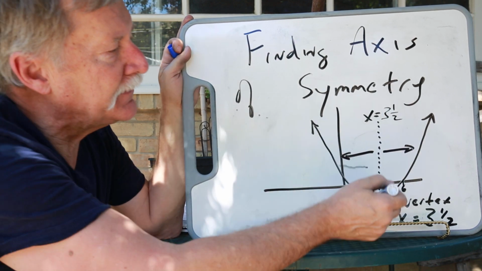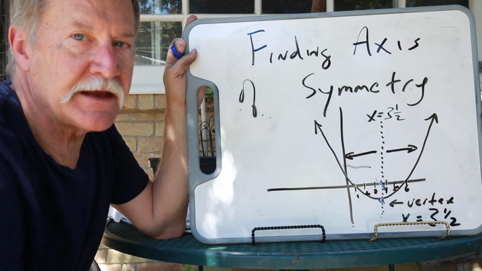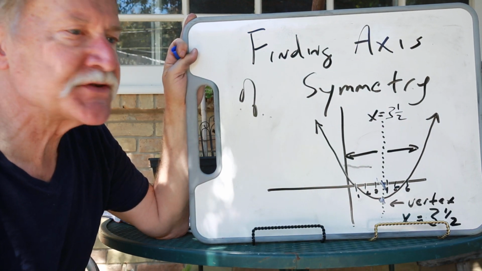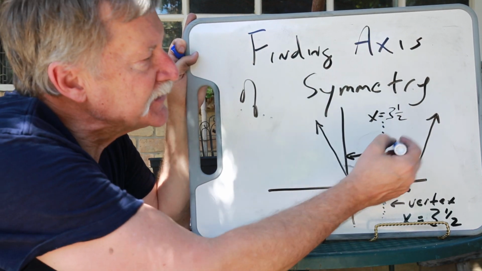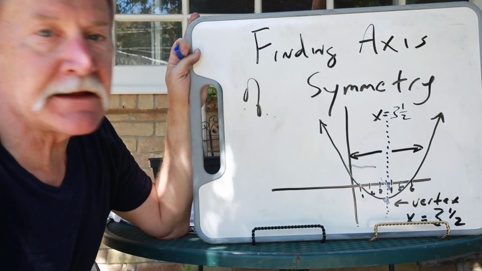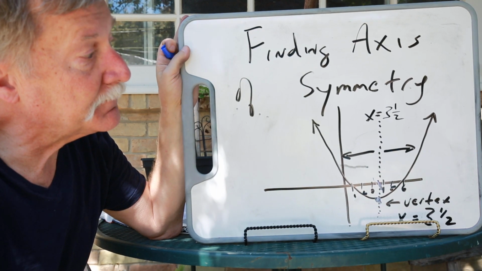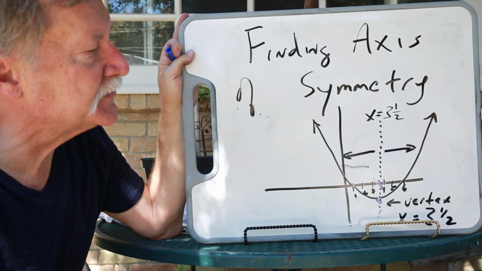And that gives you a dotted line here, where everywhere on this dotted line x is 3.5. That's called your axis of symmetry, because on both sides of this dotted line, the values are exactly mirror images of each other.